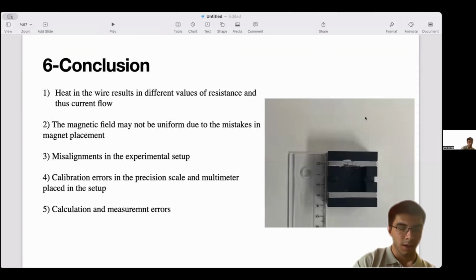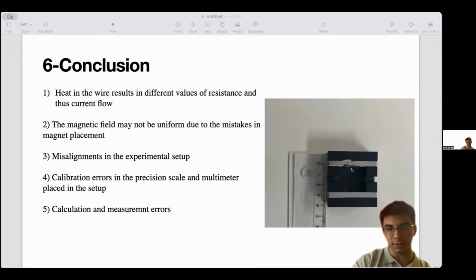Let me change. And here I want to talk about the causes of errors. Our experimental values were consistently 12 to 24% lower than theoretical predictions. This systematic error likely stems from heating effects in the wire affecting its resistance, and non-uniformity in the magnetic field.